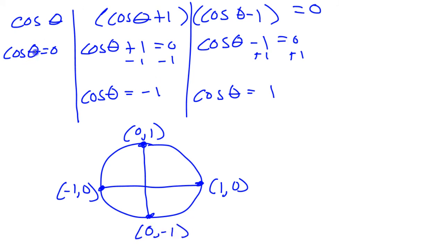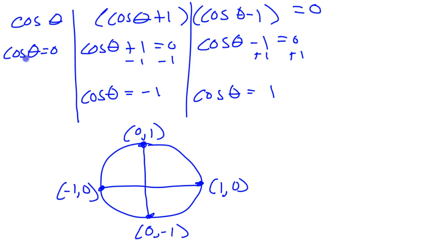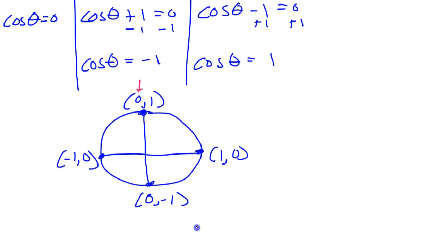So cosine is the x value. So for this first one, I want to know what angle will give me an x value of 0. So I see 1, I see 0 right here, I see -1, and then I see 0 right here again. So these are the two angles that give me a cosine of 0.